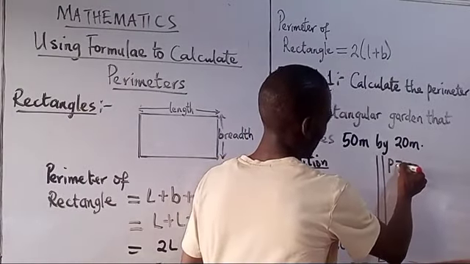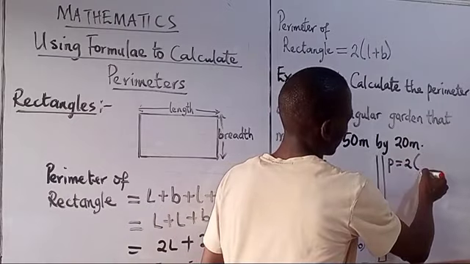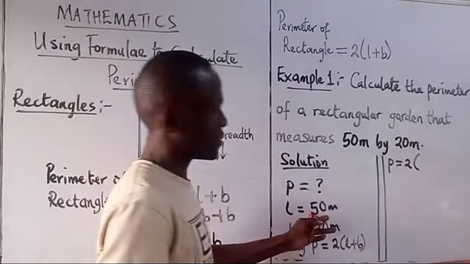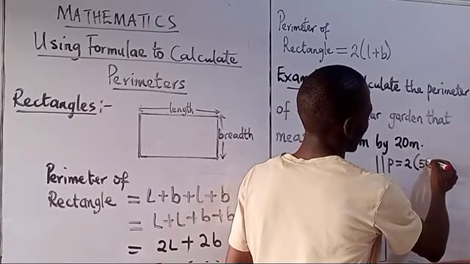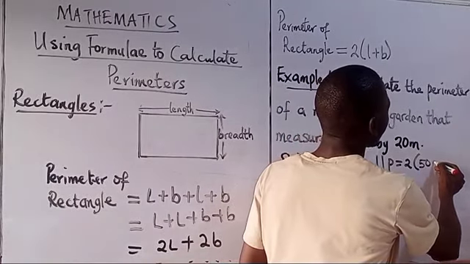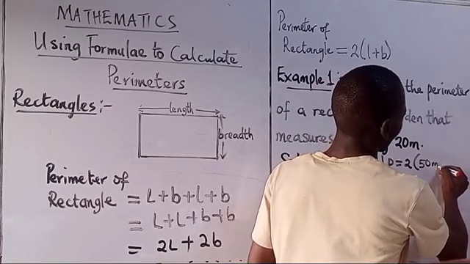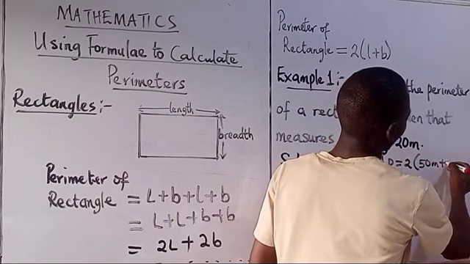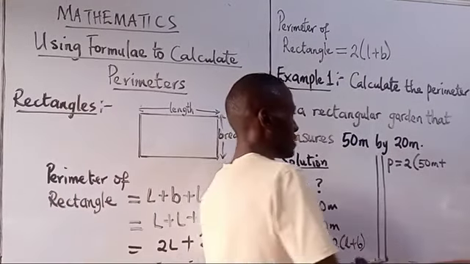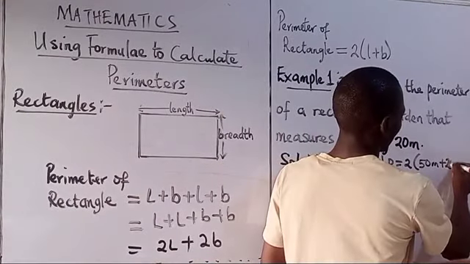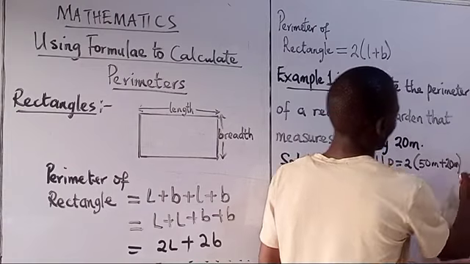P equals 2 into bracket. Our L is 50 meters, so we write 50 meters plus our B is 20 meters.